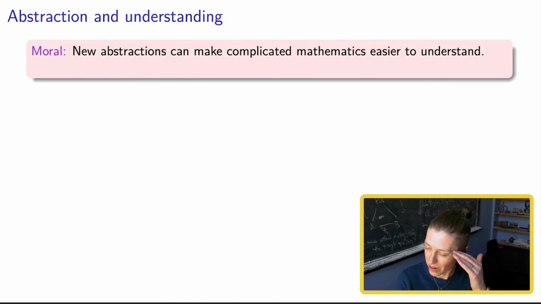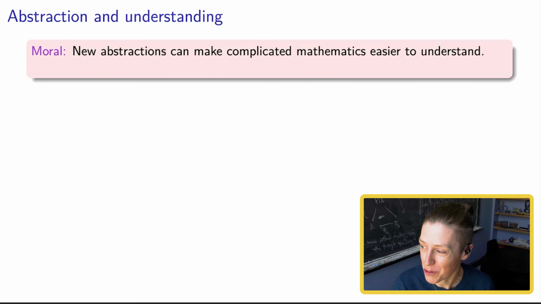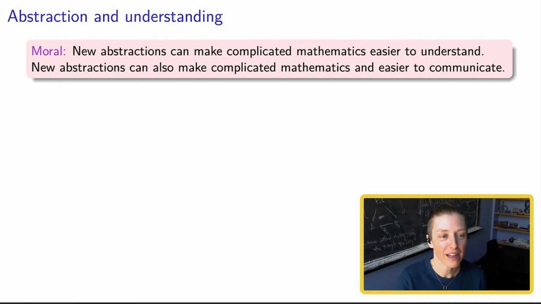Now, when you're hearing these terms for the first time, it makes it more complicated to understand because we're moving a layer further away from your experience, either in the real world or in other mathematics courses. But once you get used to it, this perspective, I think, can really be clarifying. And it can also make complicated mathematics easier to communicate. So it's easier to understand and easier to communicate.